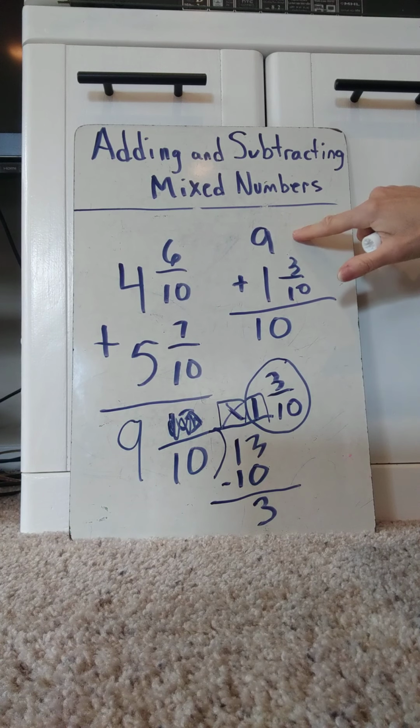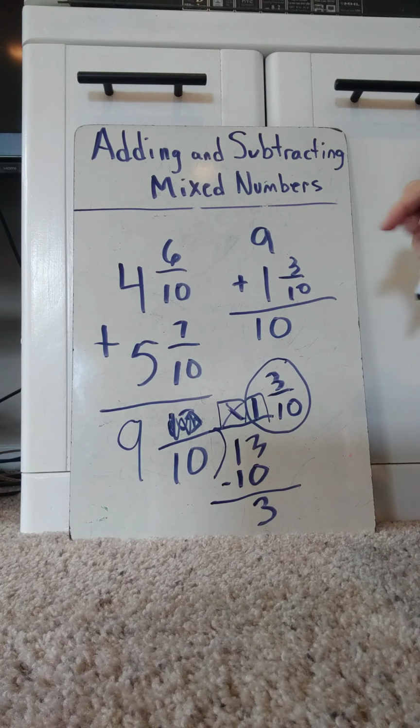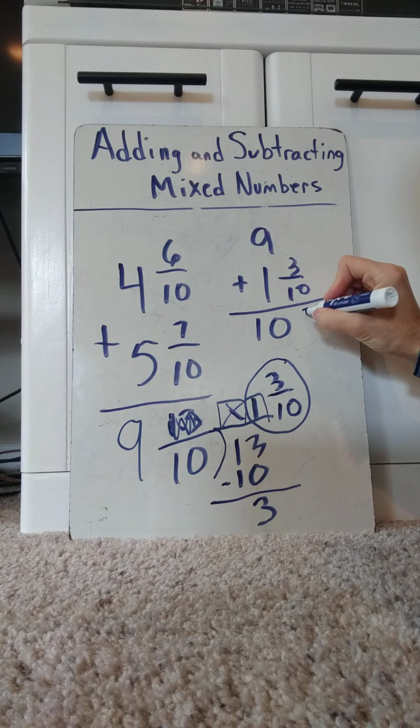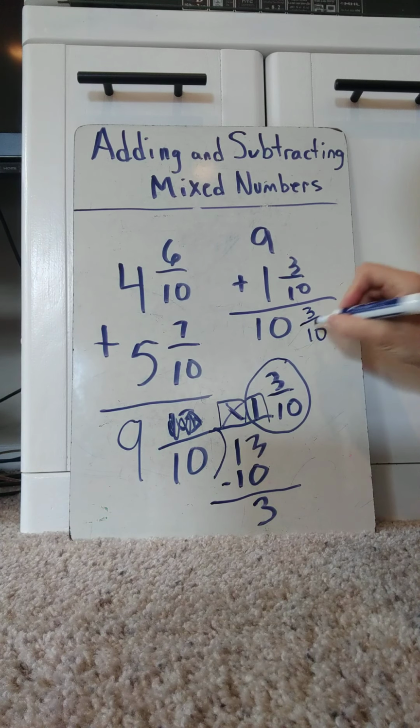There's nothing here, and so we just bring that 3/10 right down. Our answer for this problem is 10 3/10. And that's how you're going to add problems like that. And these are the kind that you're going to see on your quick check today when you go to add your mixed numbers.